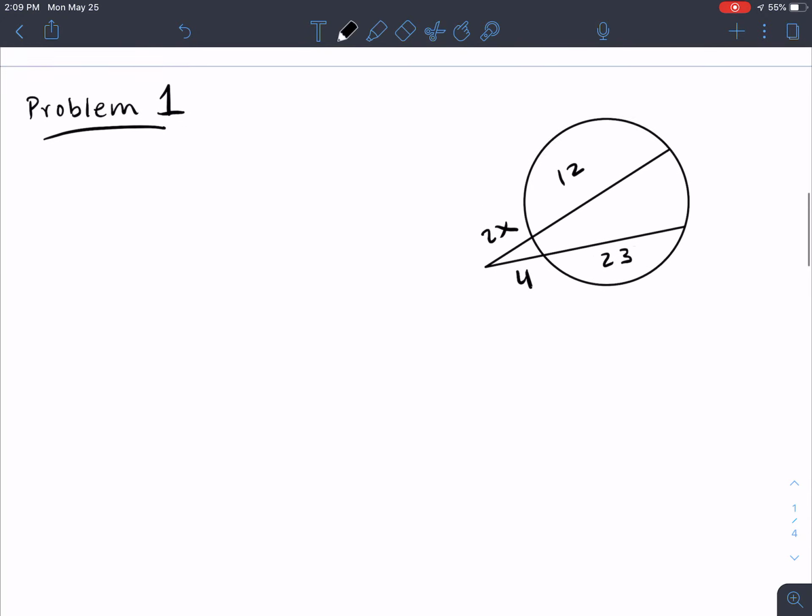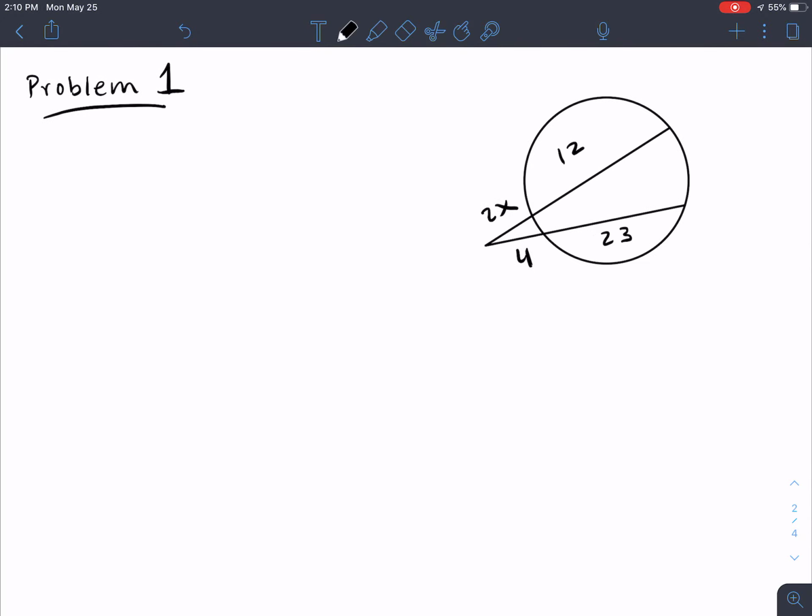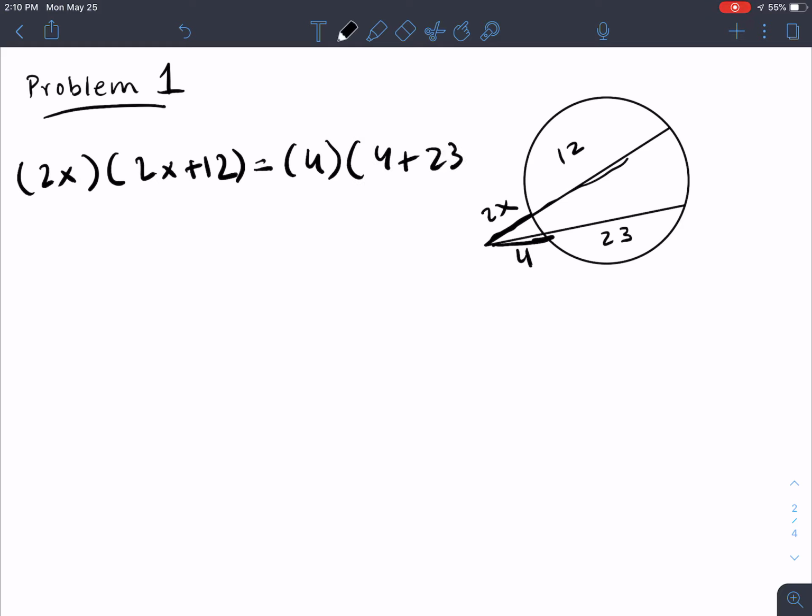So here are a few problems. So 2x, which is the part, 2x times the whole thing, 2x plus 12 is equal to 4, and the whole thing, 4 plus 23.